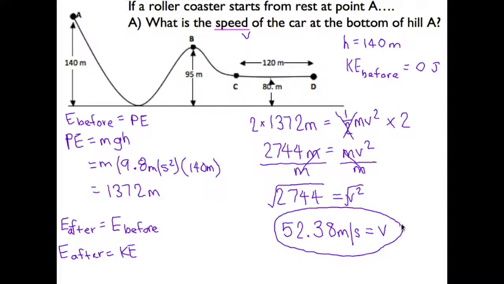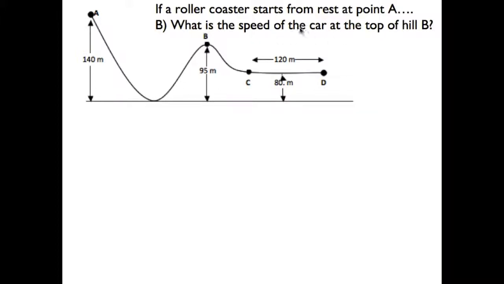So it's a couple steps, and it requires you to actually know and think about things, but it's not too bad. In part B, it says, what is the speed of the car at the top of hill B? Now, we know that our energy before, which is the energy right here, was 1372 m.